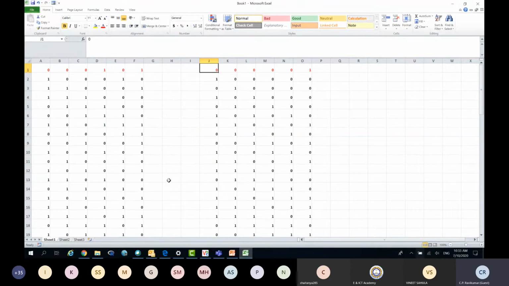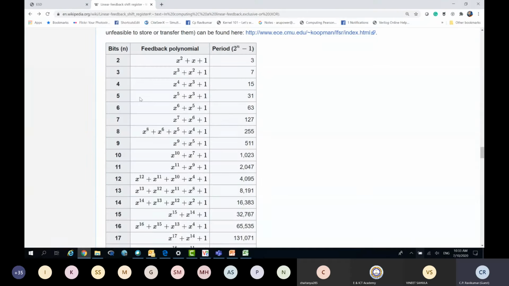So you see, this choice of the polynomial is quite crucial, right? If you don't choose the right polynomial, you will not get this periodicity of 2 power n minus 1. When you get that periodicity, it is called the maximal length LFSR, right? And it is not that these are the only ones.